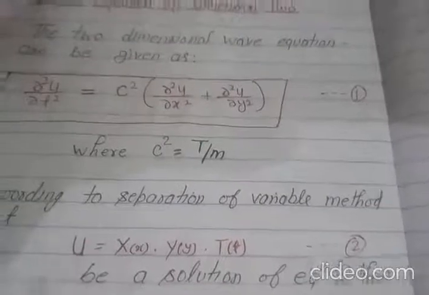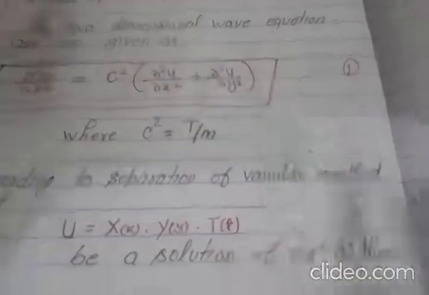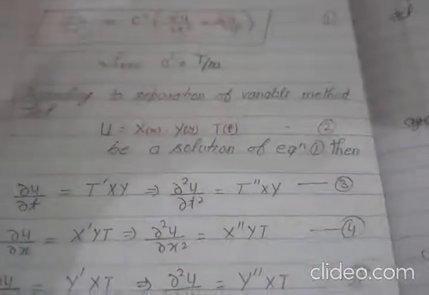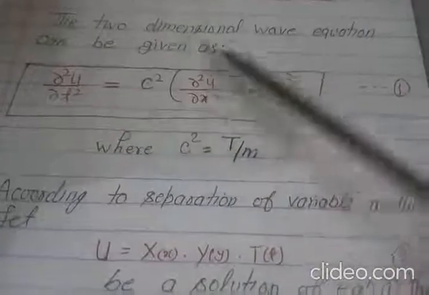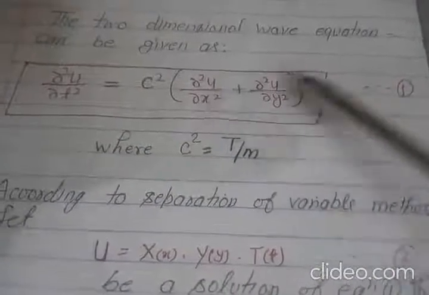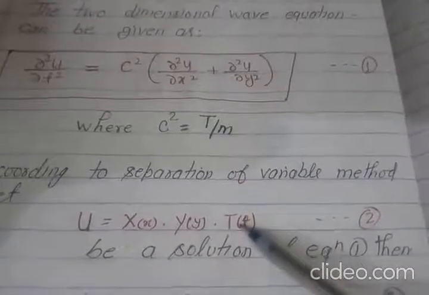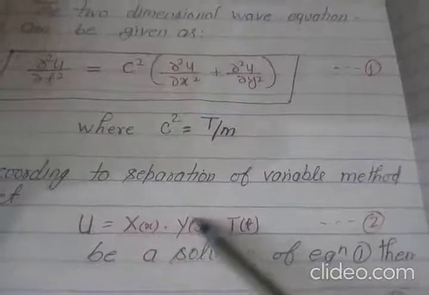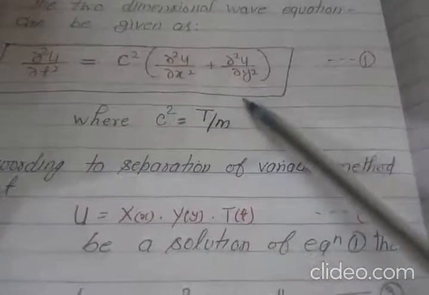So if u equals X Y T is the solution of equation 1, then we will find the values of del 2u upon del t square, del 2u upon del x square, del 2u upon del y square from equation 2, and since this is the solution for equation 1, it will satisfy equation 1.